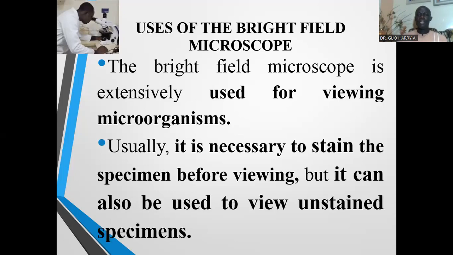Usually, it is necessary to stain the specimen before viewing, but it can also be used to view unstained specimen. Some specimen like bacterial specimen would have to be stained either through gram staining or other forms. But there are some specimens that can be viewed with the bright field microscope without staining.